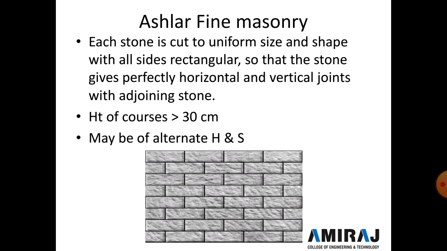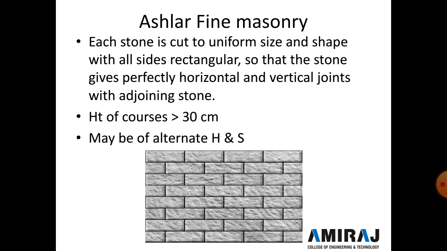Each stone is cut to uniform size and shape with all the sides rectangular, so that the stones give perfectly horizontal and vertical joints with all the joints of adjoining stones, and the height of the course is more than 30 centimeters.